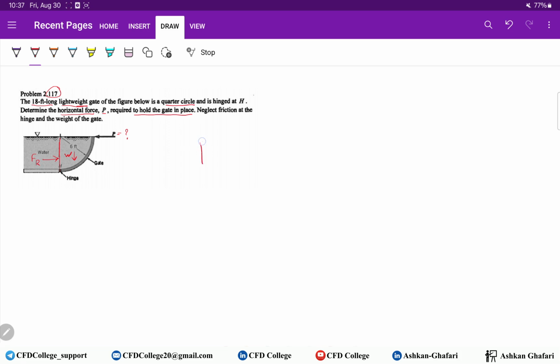So if we have this, then we have two forces, Fr and W. Okay, so let's at first start with Fr. As you know, Fr equals gamma HC times area of the gate.